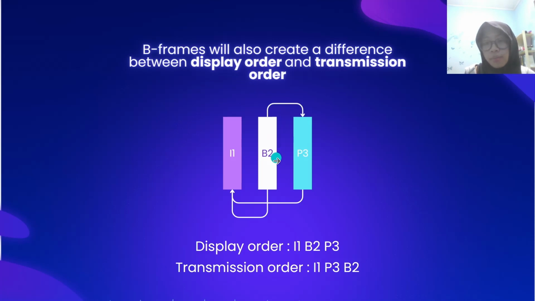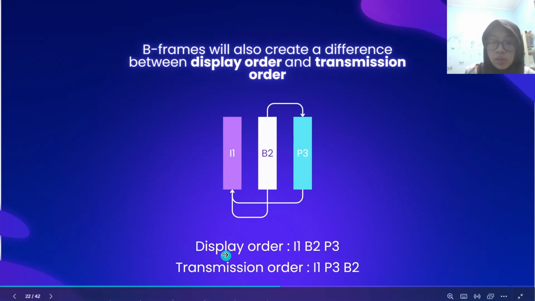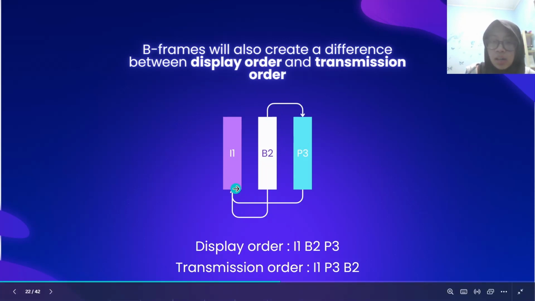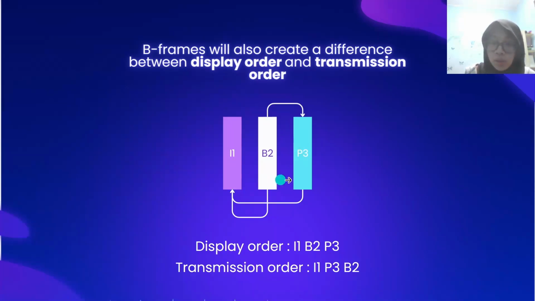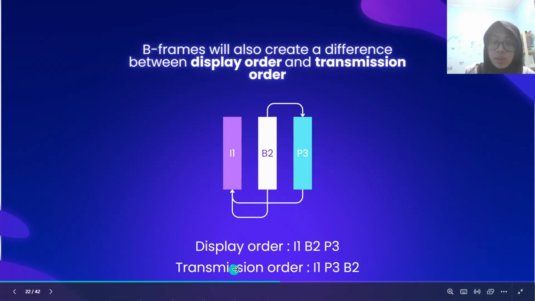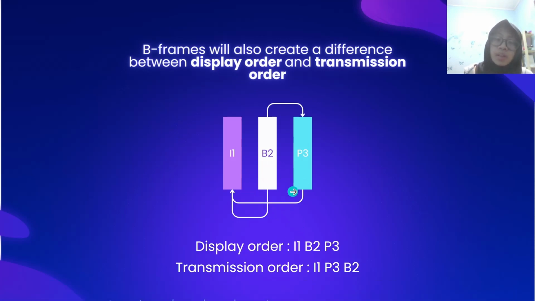Because the B-frame has two different dependencies, the forward dependency and the backward dependency, and we cannot display this frame without knowing what the next frame is going to be. So the display order here is I1, B2, and P3, but the transmission order is I1, P3, and B2. These arrows visualize the forward or backward dependencies of the frames.